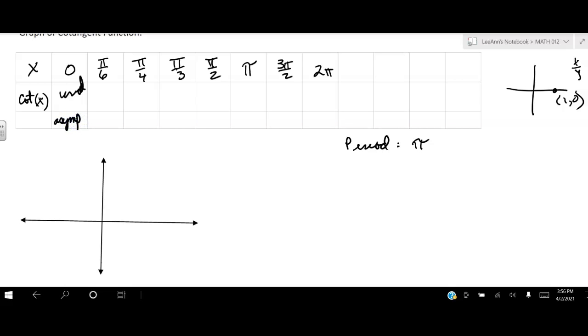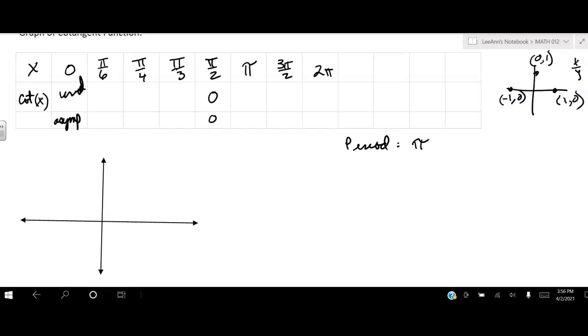All right, and then if we go to the next quadrantal angle, pi over 2, then you're talking about the point 0, 1. And so that's going to be x over y, so that's going to be 0. Oops, put it in the right place. So we can have 0, that's fine. And then what happens at pi? Well, you're at negative 1, 0.